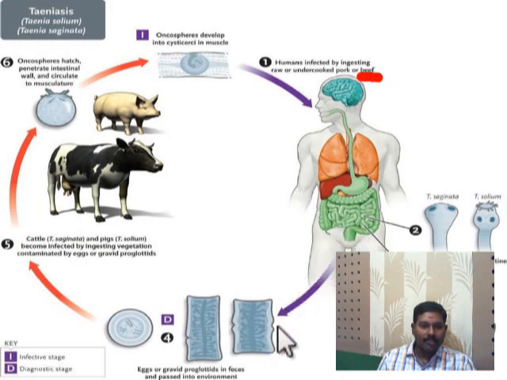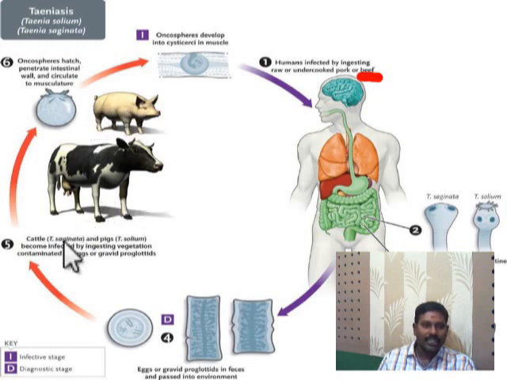Now see, the feces from humans have eggs or gravid proglottides. These gravid proglottides or eggs can develop into the oncosphere, the larva we have already seen, which can infect the cattle and also pigs.